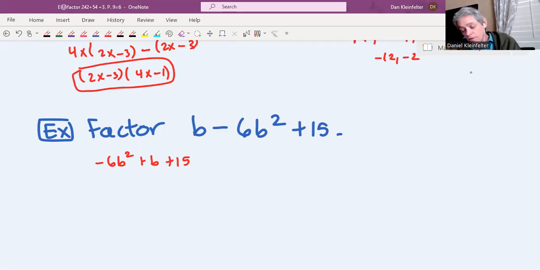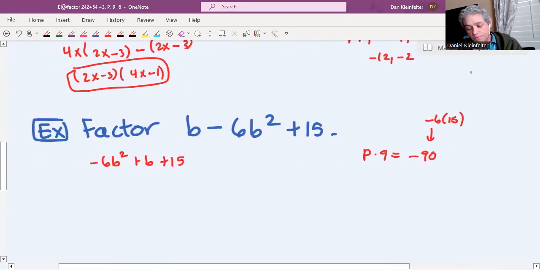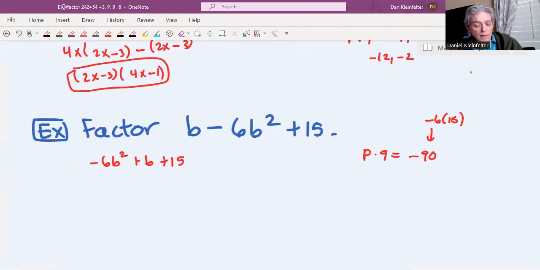Okay, so now we're looking for two numbers that multiply to be the same as negative 6 times 15. Negative 6 times 15 is negative 90. Okay, so that's where that came from. And then we needed them to add up to 1.